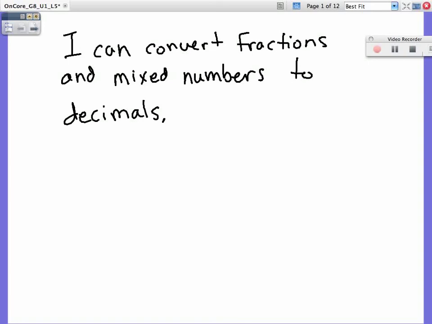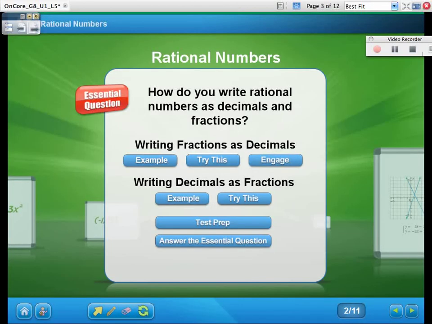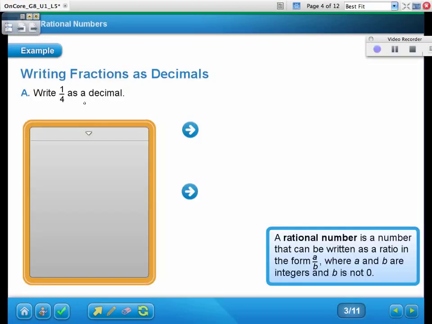Okay, let's get started. Before we get into writing a fraction as a decimal, it's important to understand that all we're doing is rewriting something but not changing the value of it. In other words, I can't say mathematically that 1 equals 2 because it doesn't. I've changed the value of 1 when I say it's 2.